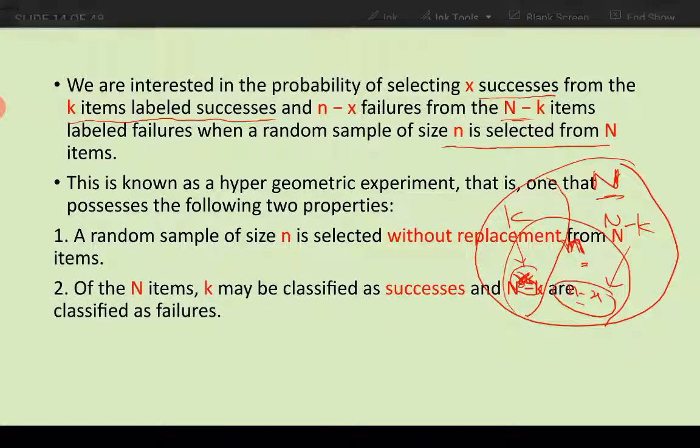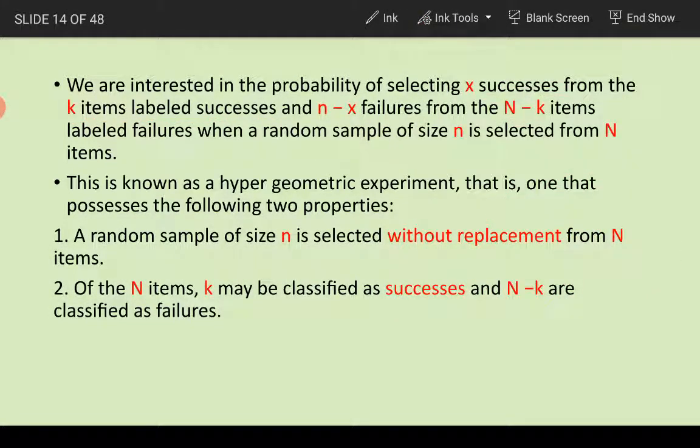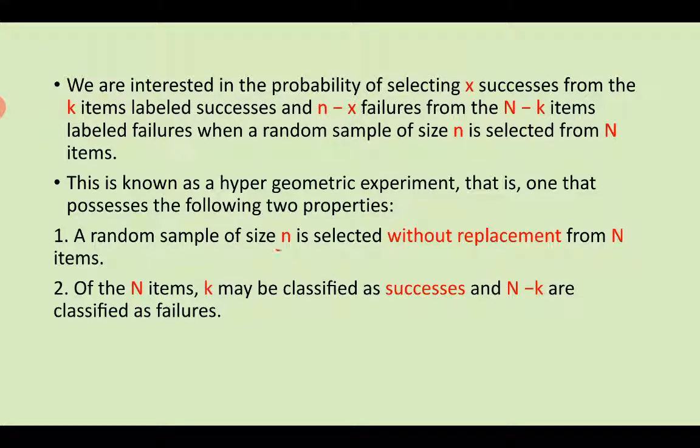What are the two properties? A random sample of size n is selected without replacement from capital N items. Of the N items, k may be classified as successes and N minus k are classified as failures.